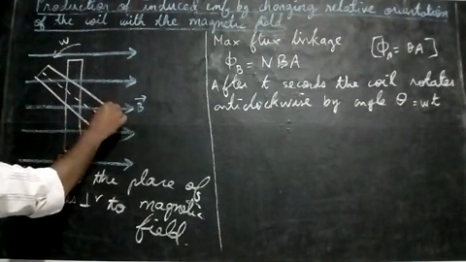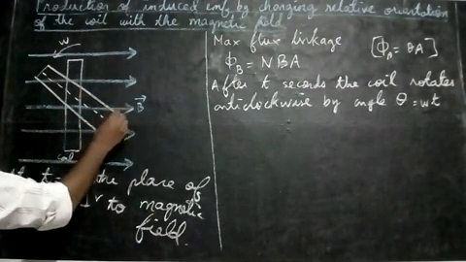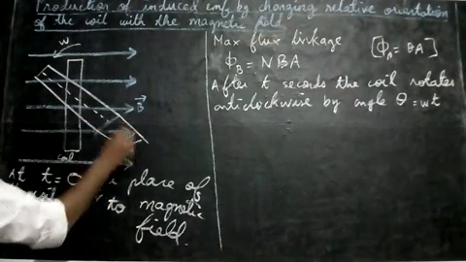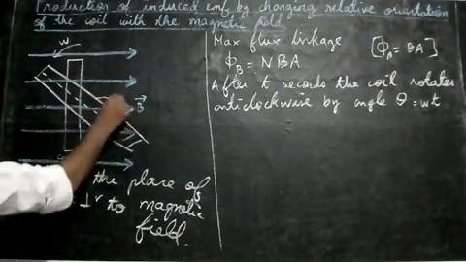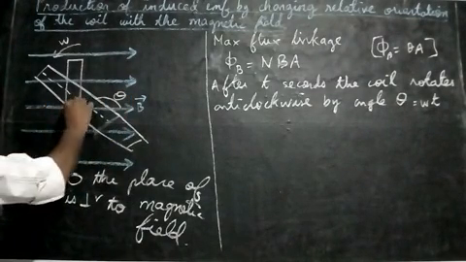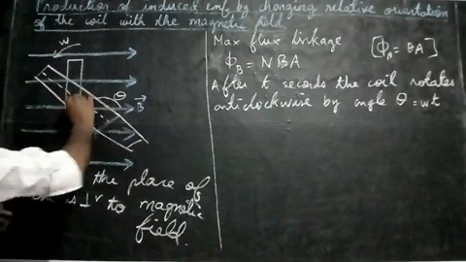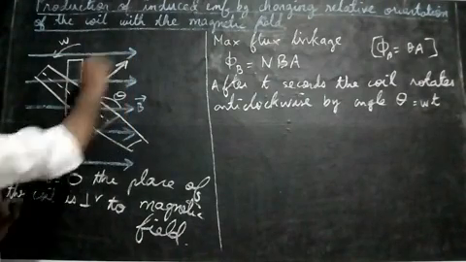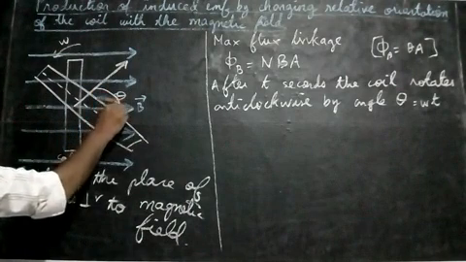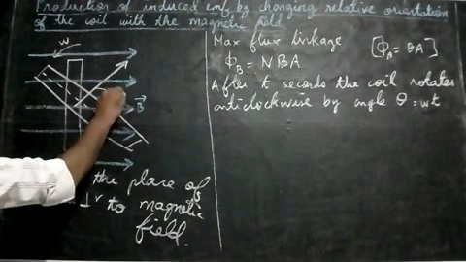The coil is drawn a little larger here. It has made an angle theta. This is the area normal vector, and it makes an angle theta with the magnetic field.